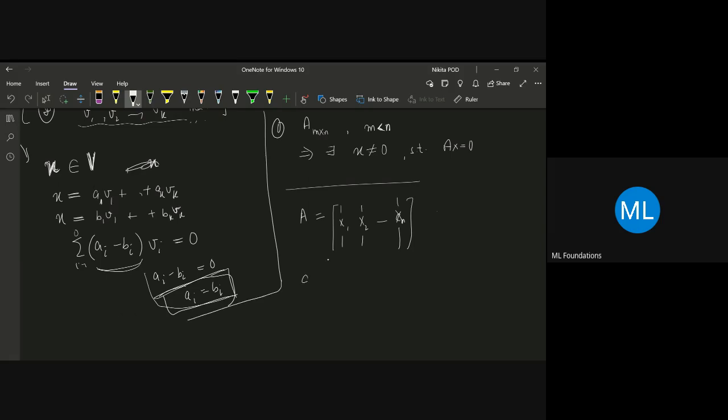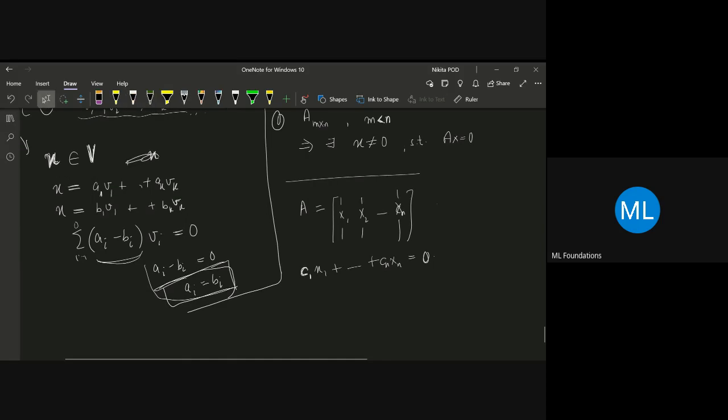Let's say I have the linear combination: c1 x1 plus up to cn xn equals 0. So Ax equals 0, what I've taken. Now you can also write it as the matrix A times c1, c2, up to cn, and this is 0.